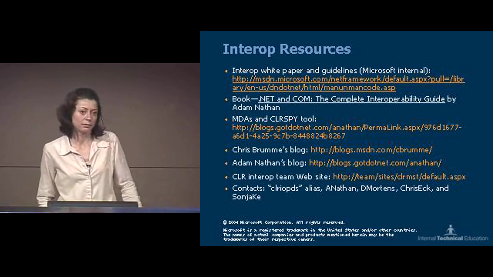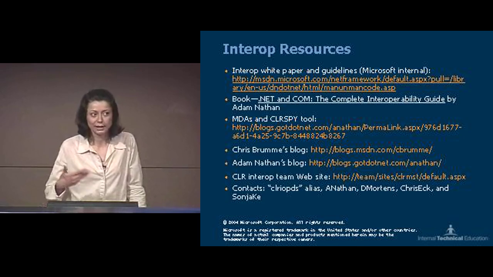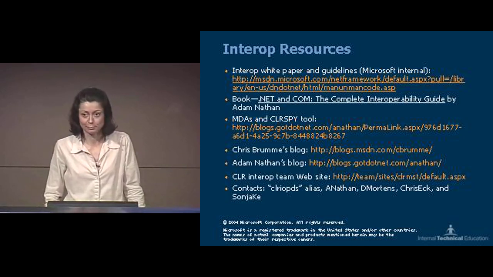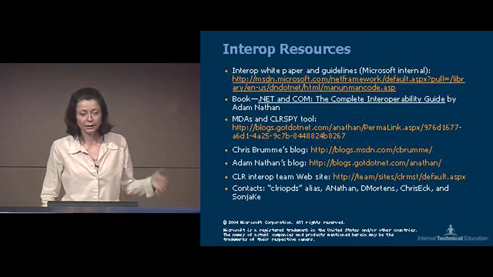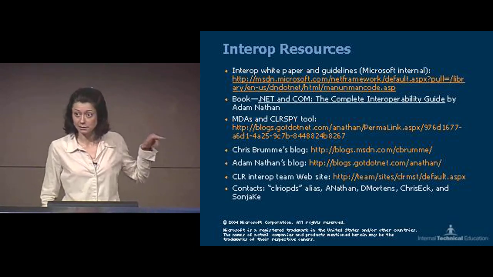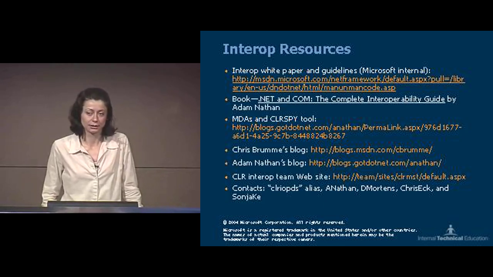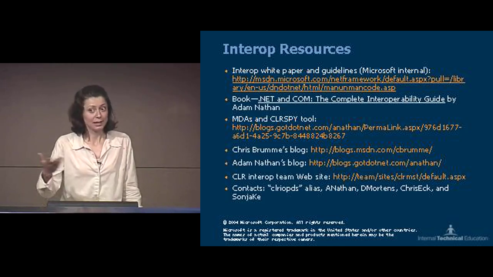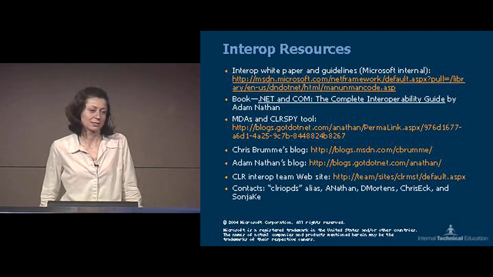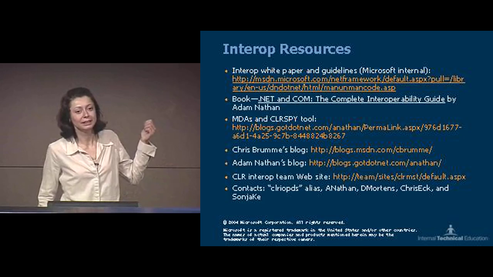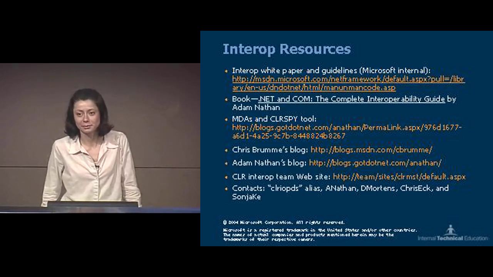And there are a couple of blogs you probably want to check from time to time. The CLR Interop team has an internal website, so if you go there, you'll also find some interesting resources, and the names of people you can send questions to, which is also important. Some names are here, but you can find more on the website.